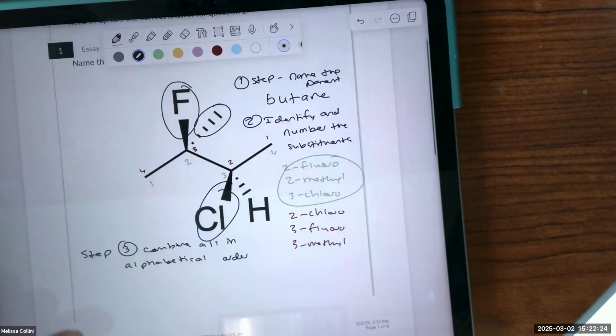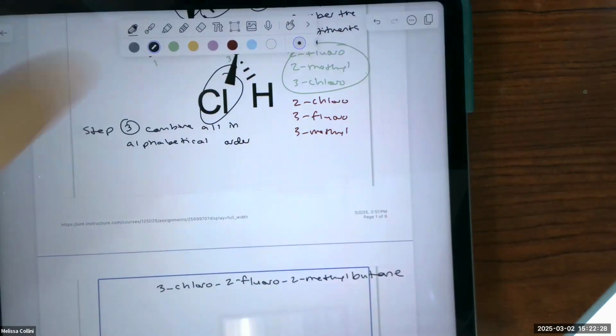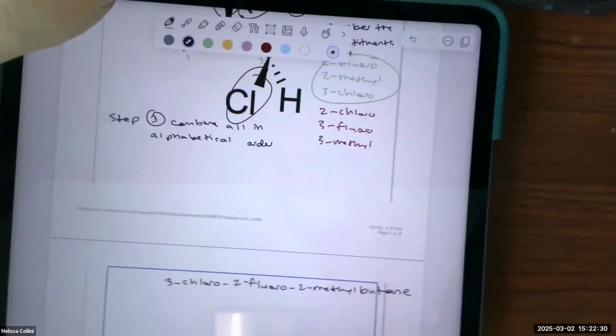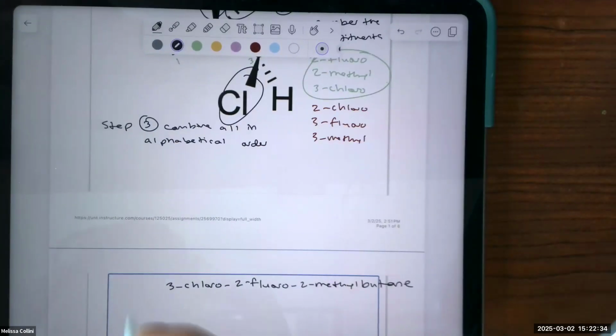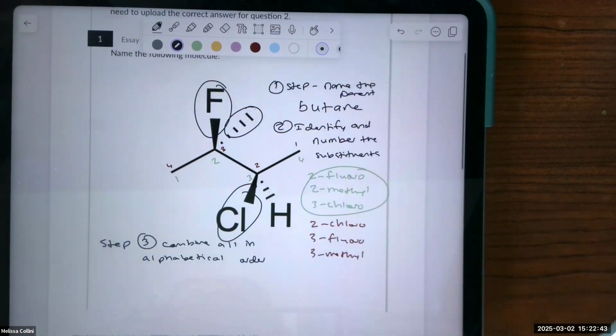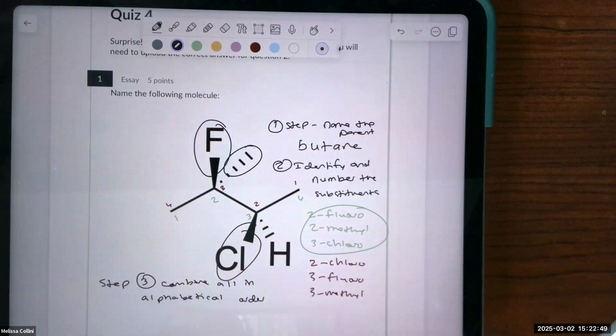Okay, so that is the right name, except that you have to consider stereochemistry. So that's kind of a step 4, check for stereochem. And we don't have a double bond, so we can't do cis or trans nomenclature here, but we do have wedges and dashes given, so there's a potential that we would have to identify a chiral center.